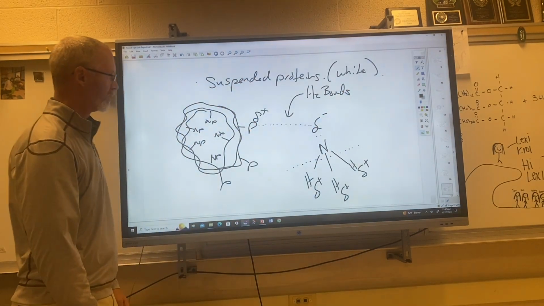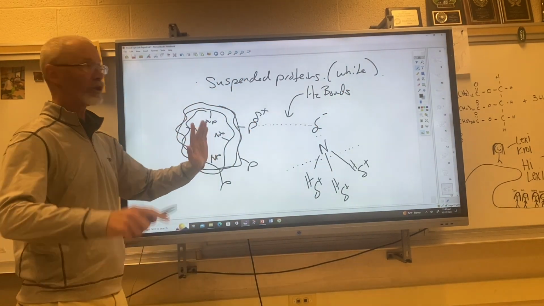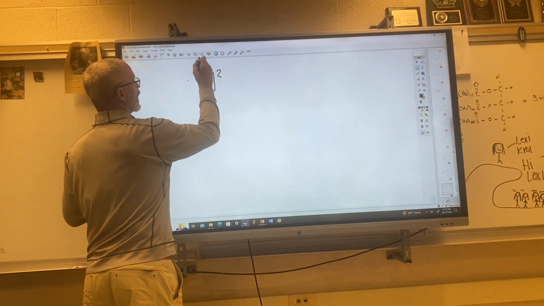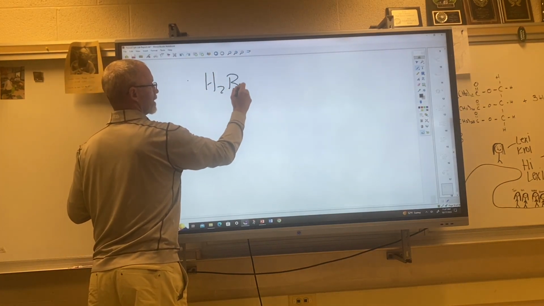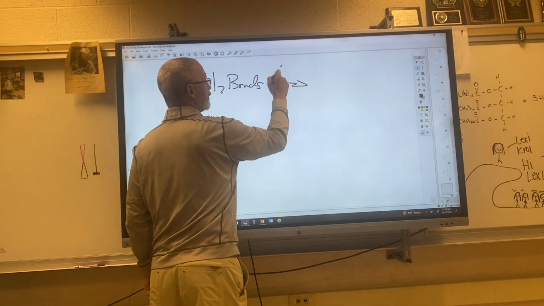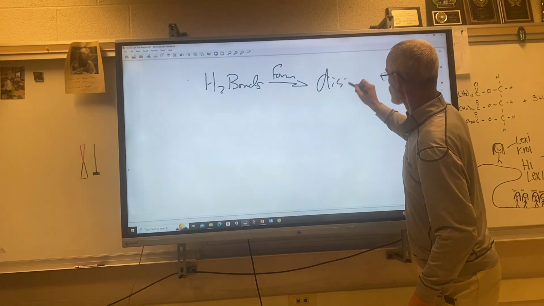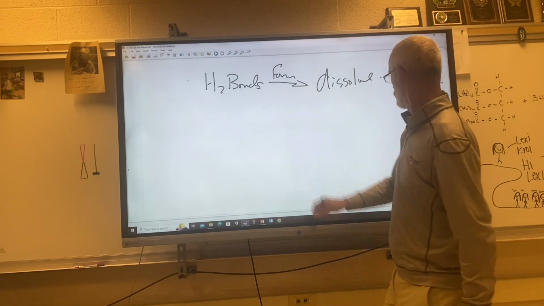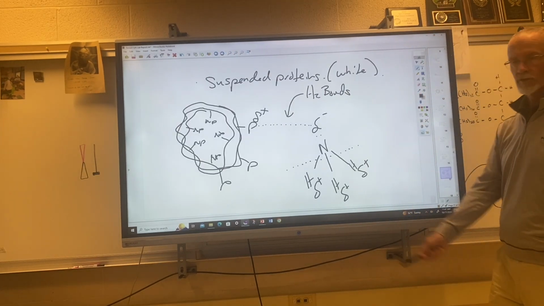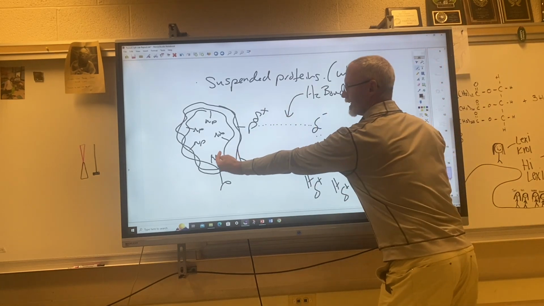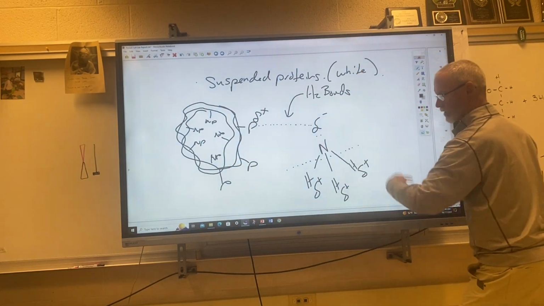Hydrogen bonds form. So now technically, you guys remember, I'll come back to this word. Hydrogen bonds, when they form, cause solutes to dissolve. So the suspended proteins that were in the milk are now getting dissolved into what?